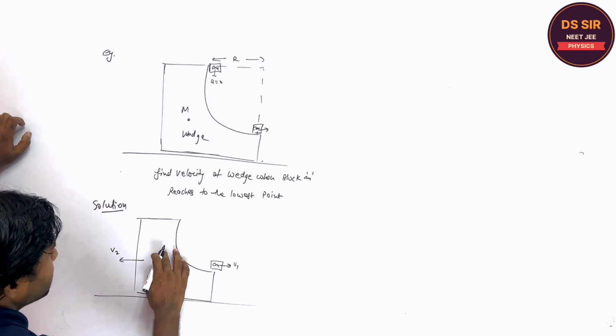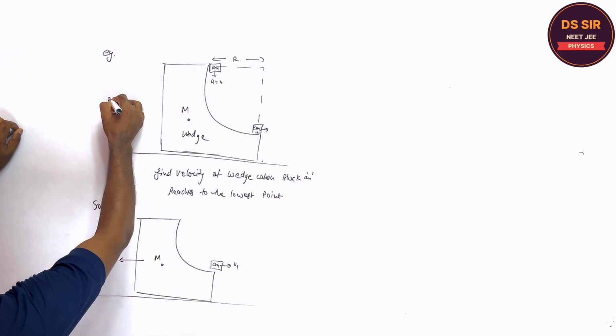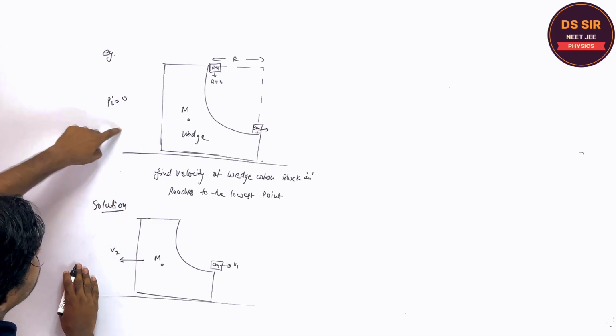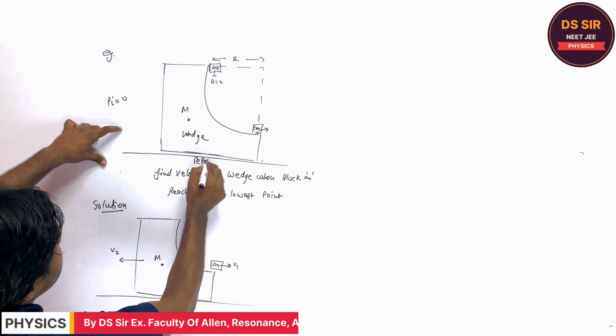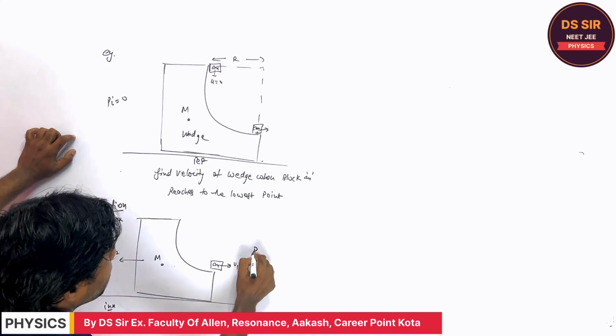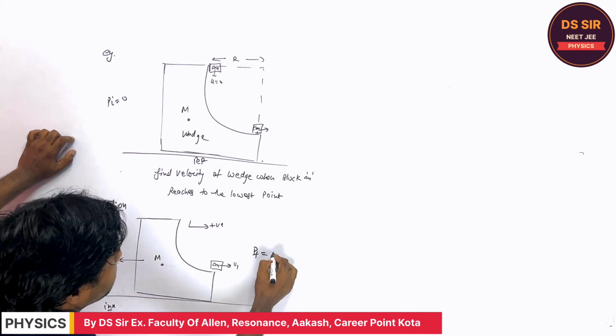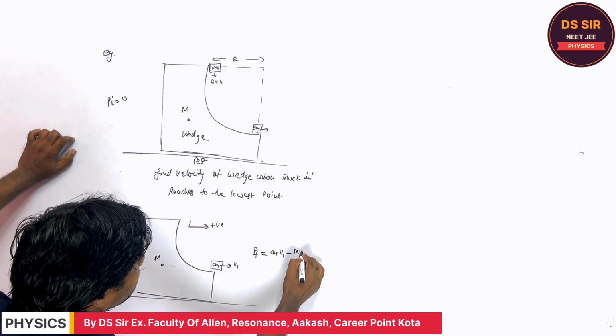So by conservation of momentum, it is at rest initially, and I am considering everything in the x direction. In the x direction, if you assume this is the positive direction, the final momentum is m v1 minus capital M v2.